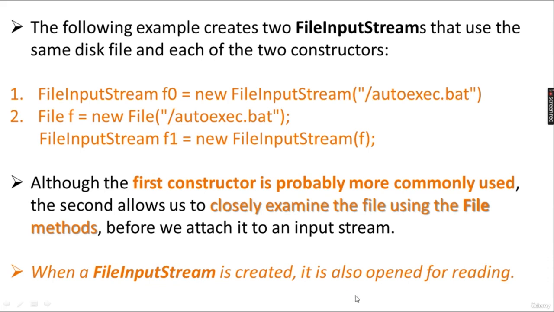When a file input stream is created, it is also open for reading. The second constructor lets you examine the file first, so file methods can be applied to the file object F. In the first case you have only the file input stream methods. But here a file object is created, so whatever file methods there are, like get name, get date created, absolute path, will be applied to this object. The first is very commonly used and this is very rarely used, but this gives you much advantage.